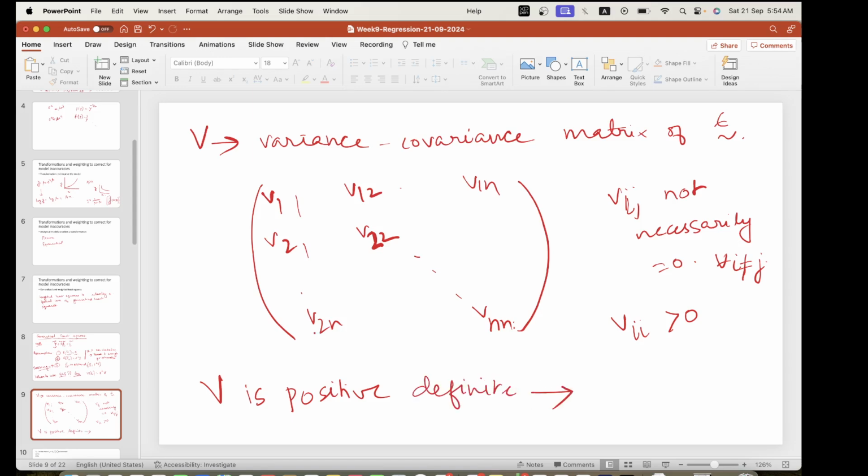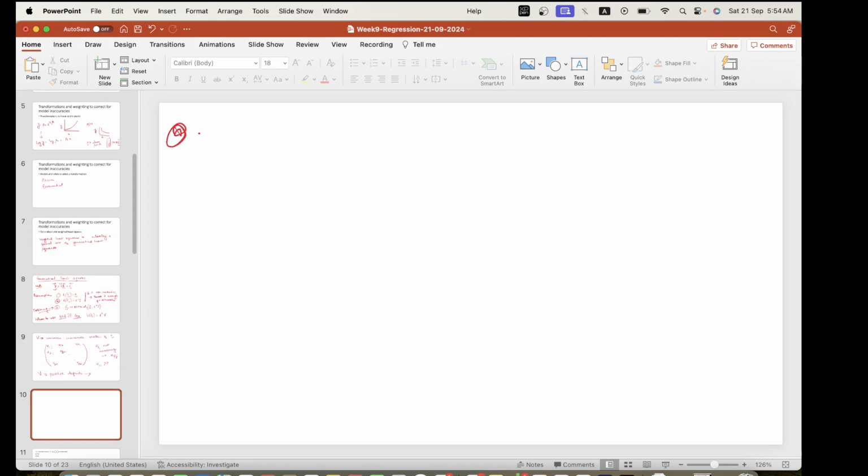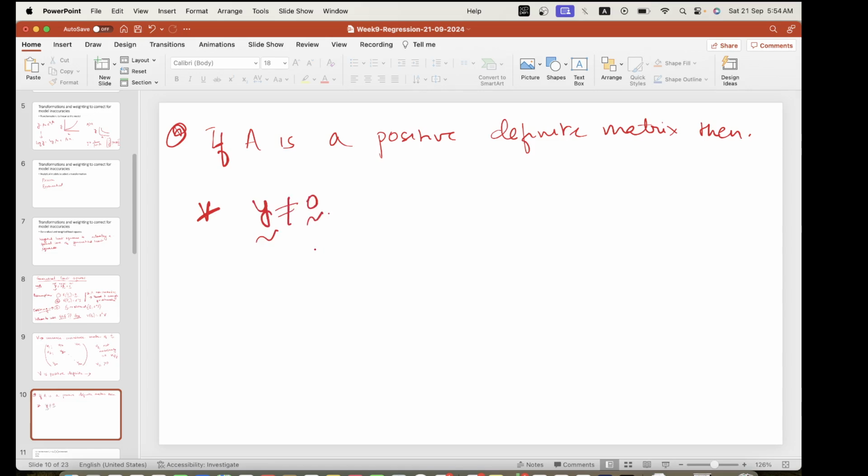Another thing that we learned is, what do we mean by positive definite? So let's say A is a positive definite matrix, then for all vectors y not equal to 0, y transpose Ay should be strictly greater than 0.